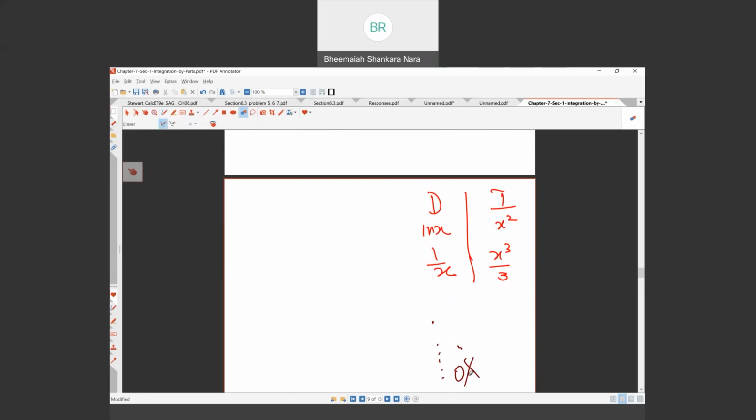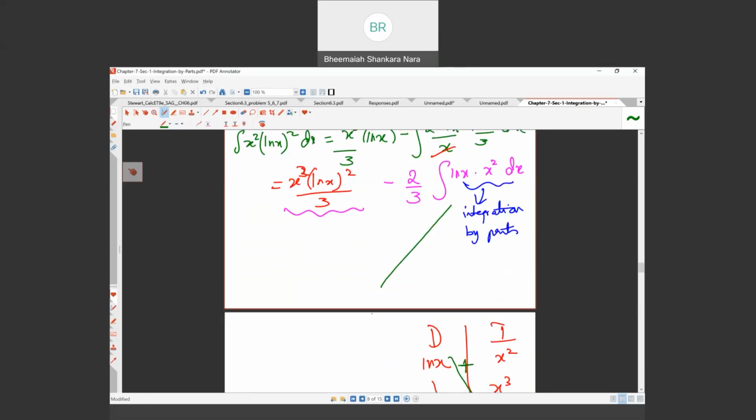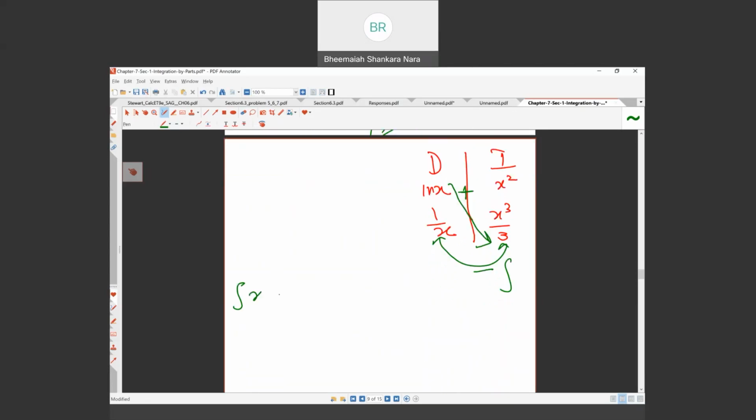So now let's plug these into the UDV formula. Plugging into UDV is the same as you identify the terms, multiply them with a plus sign, and then multiply these two terms with a minus, and then integrate. So the integral of this term here, x squared ln x, this is what we are working on now. This is the entire given problem, dx.